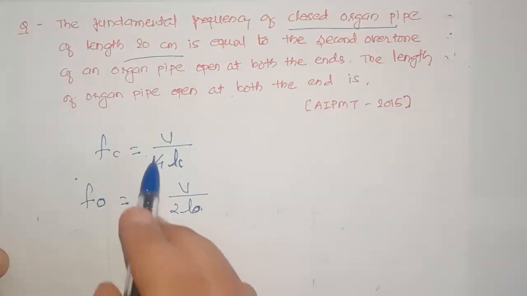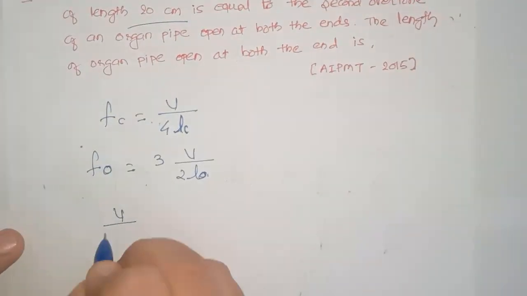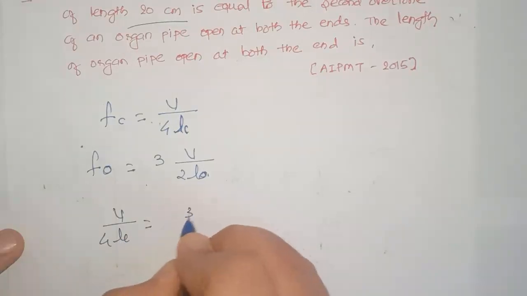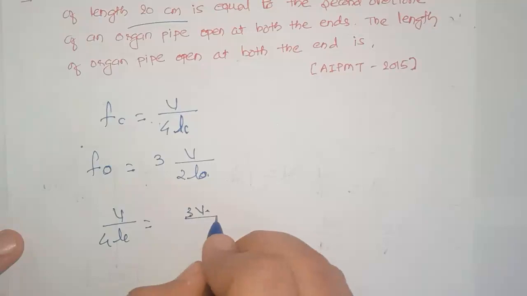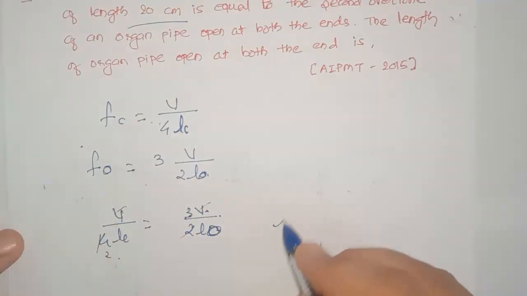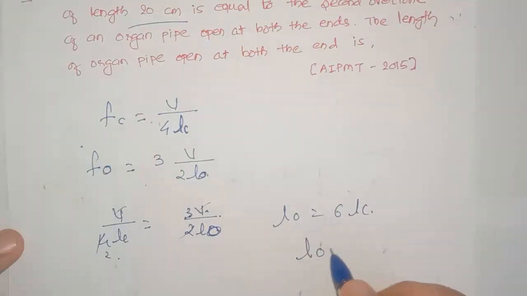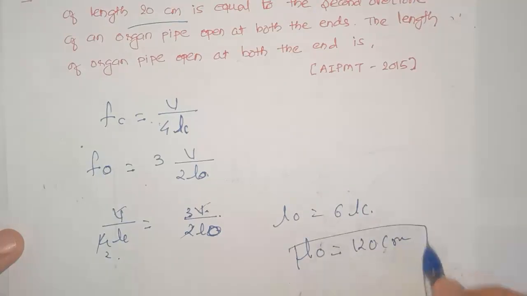These two frequencies are the same, so we can write V by 4LC is equal to 3V by 2LO. This V will get cancelled out, so we can write LO is equal to 6LC. So the length of the open organ pipe will be 120 centimeter.